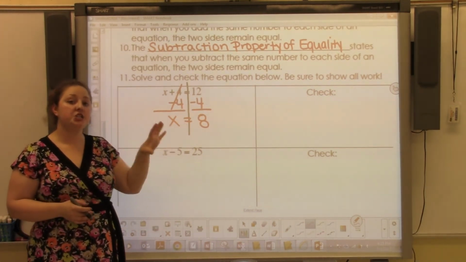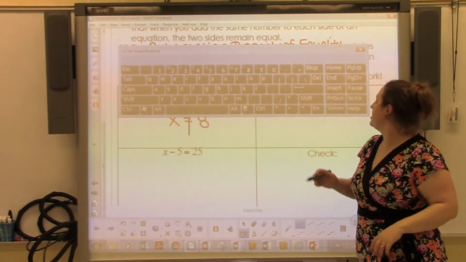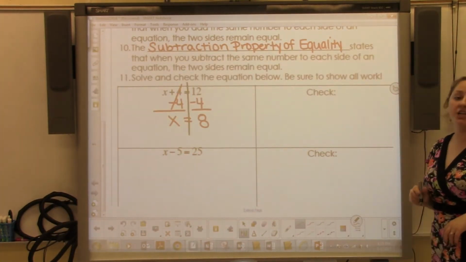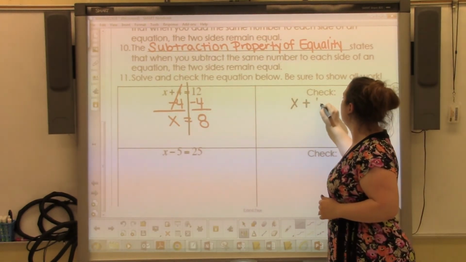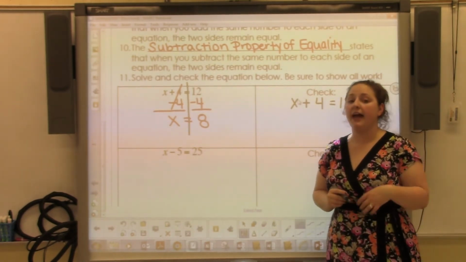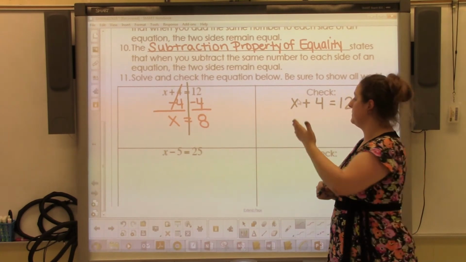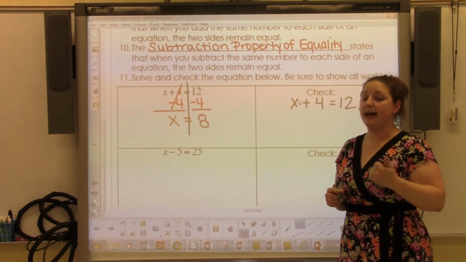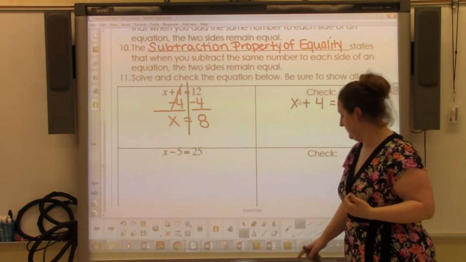We're going to check just to make sure we have it correct. So in order to check, we're going to rewrite the original equation: x plus 4 is equal to 12. This is very similar to when we have the direction evaluate, where we're given a value and we need to plug it in or replace x with that value to figure out if the left is equal to the right.